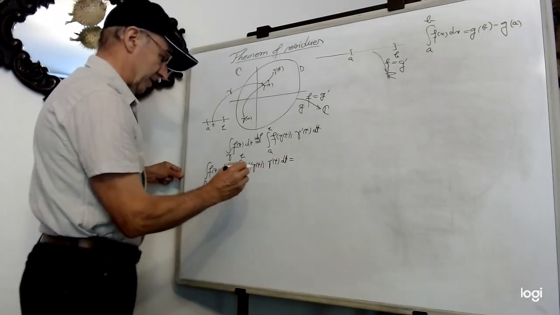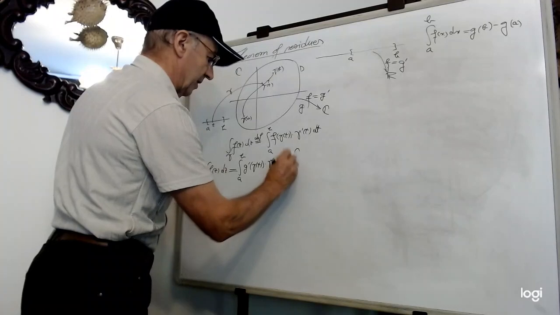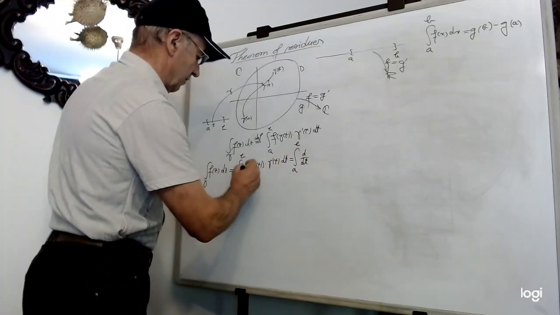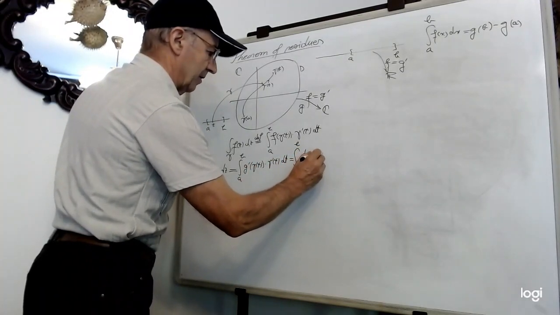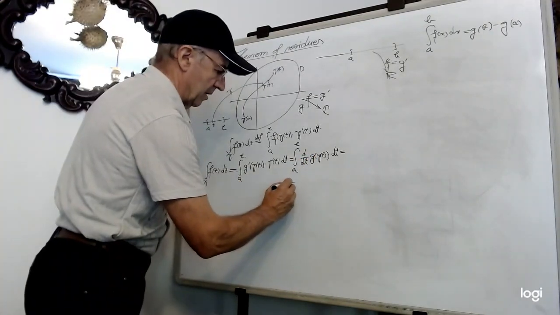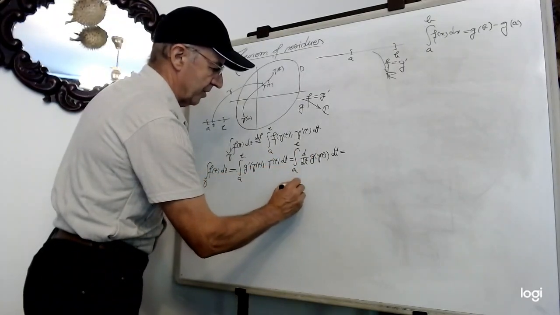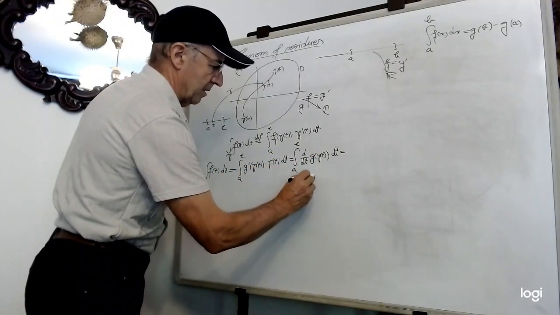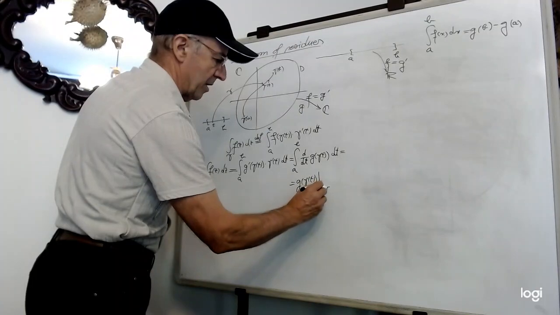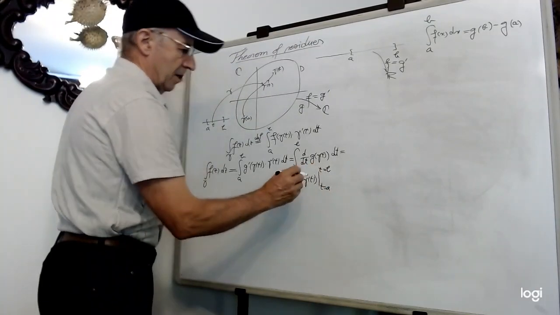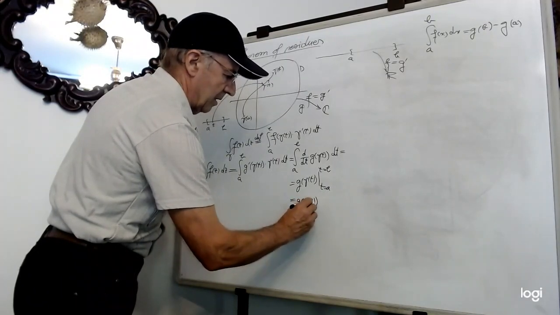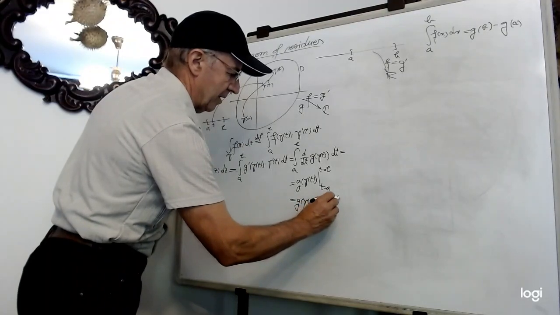And this expression can be written as the integral from a up to b of the derivative with respect to t of g of gamma of t dt. So a primitive for this integral is g of gamma of t, and we have to consider this for t from a up to t equals b. And we get g of gamma of b minus g of gamma of a.